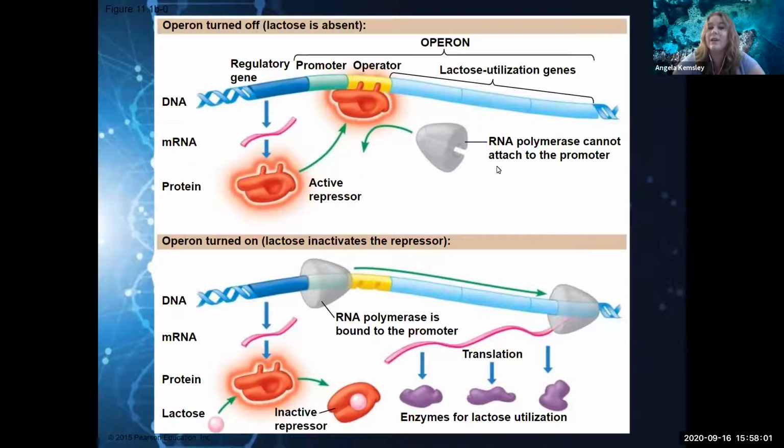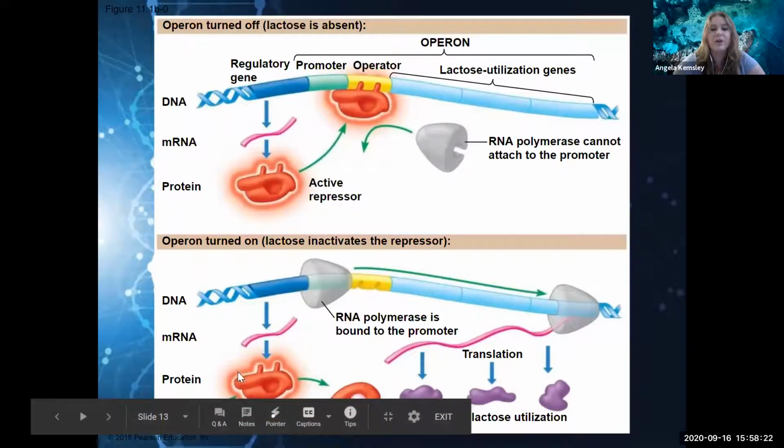So then when RNA polymerase tries to attach to the DNA here at the promoter, it gets blocked. It gets physically blocked by the repressor. It tries to bind, it gets blocked, so it just can't, which means these 3 genes are not expressed. Now, when lactose is present, however, lactose will go and bind to the repressor.